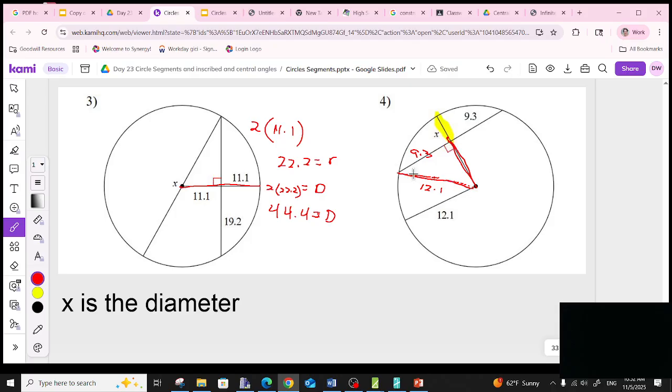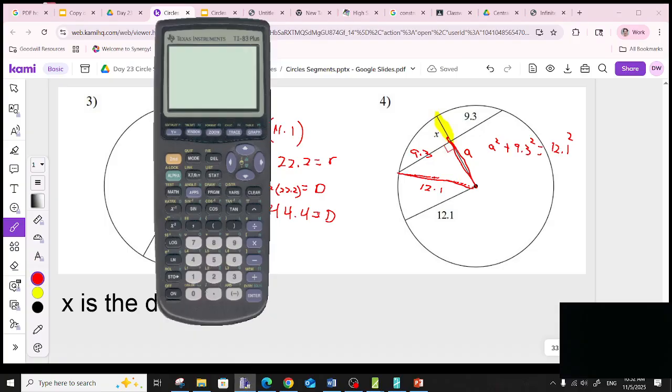And this is a right triangle. But now our hypotenuse is given with a leg. So I'm just going to call this A. So A squared plus 9.3 squared equals 12.1 squared.